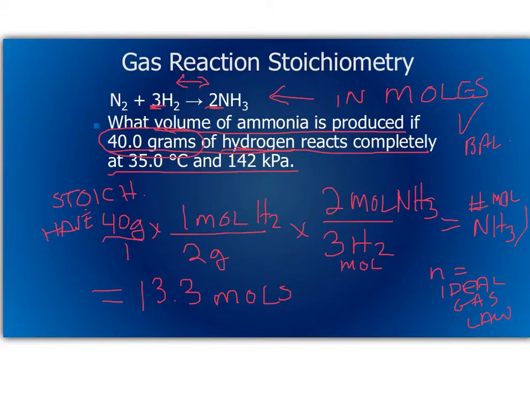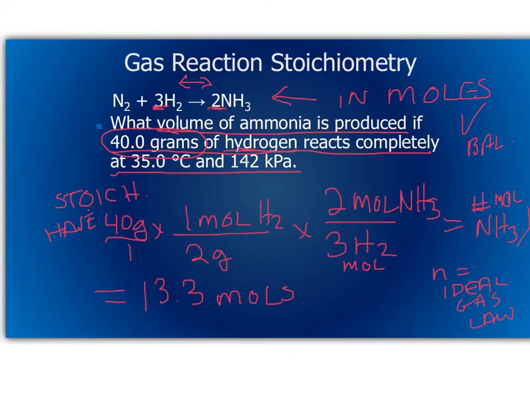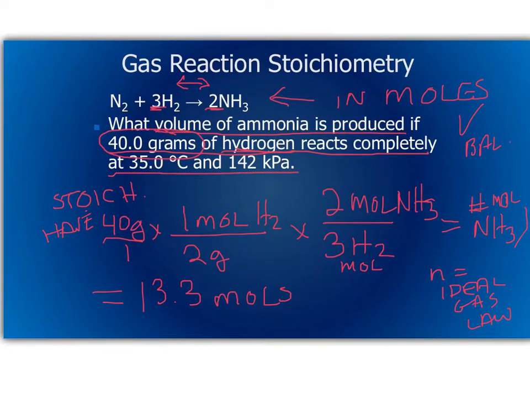Okay, so the number of moles. We multiply 40 times 2, which is 80, and 80 divided by 6 is 13.3 moles. So 13.3 moles of NH3 can be made.